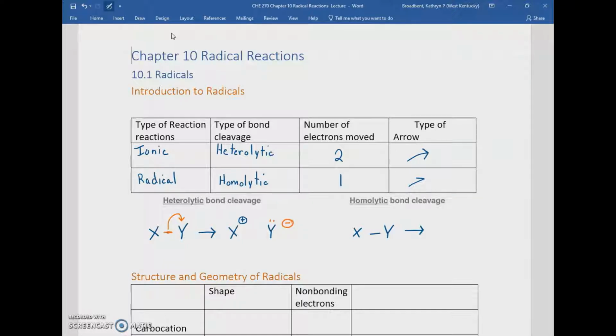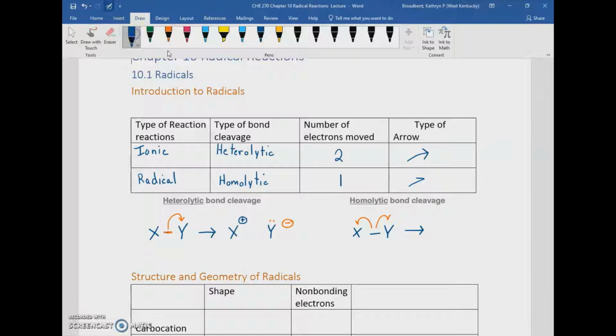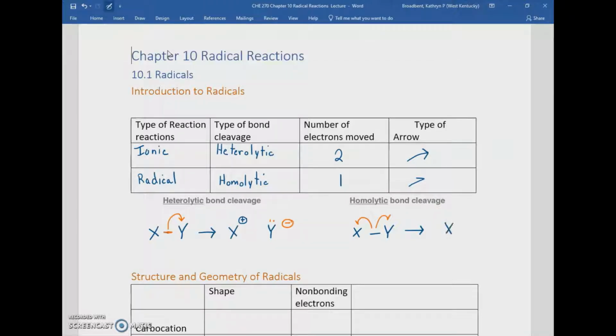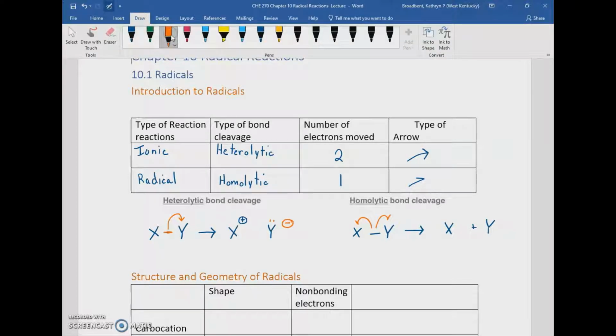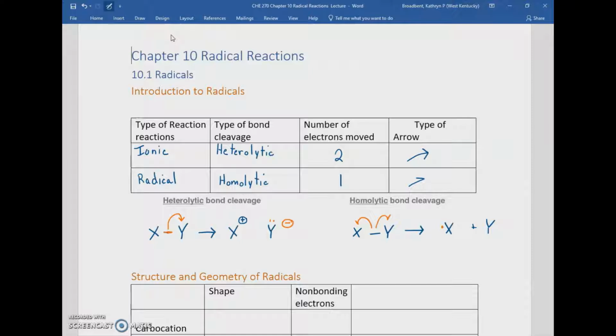But with homolytic bond cleavage, one electron goes to the X and one electron goes to the Y, and we make two free radicals, X and Y, and they each have a single electron, making them radicals.